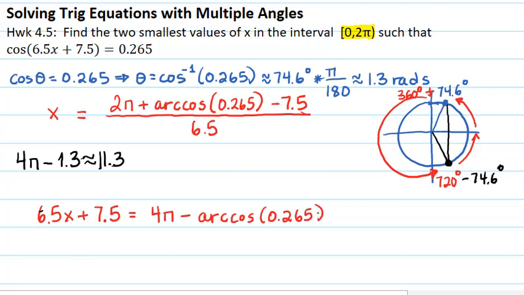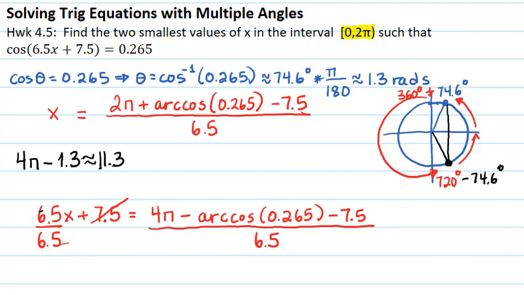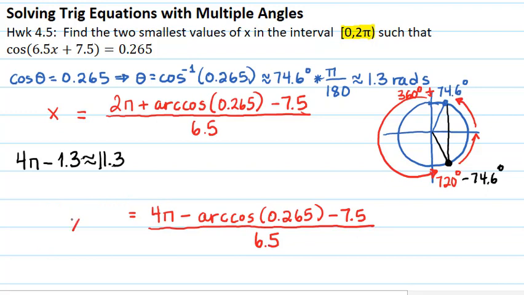So this is approximately the 11.3. So to solve, I'm going to subtract 7.5 and I will divide by 6.5. And this is the second smallest value of x that satisfies the equation.